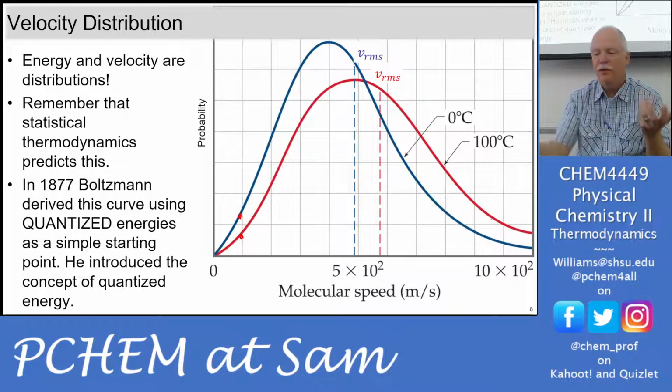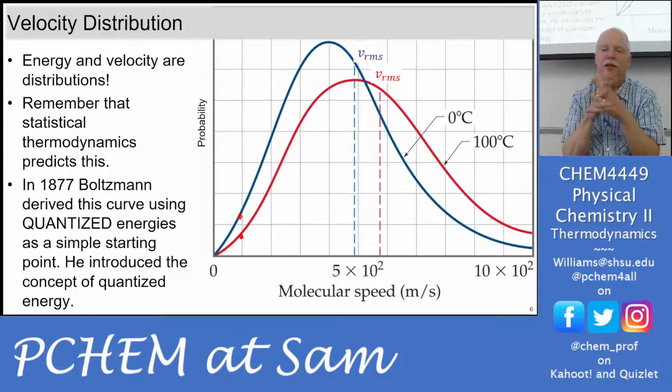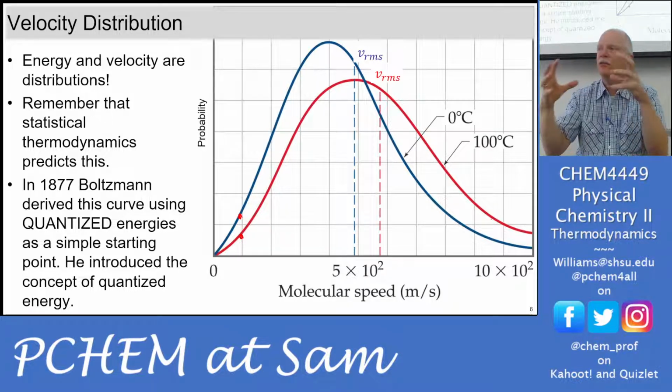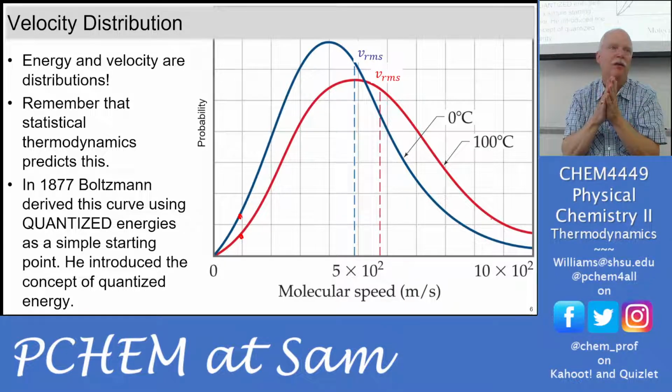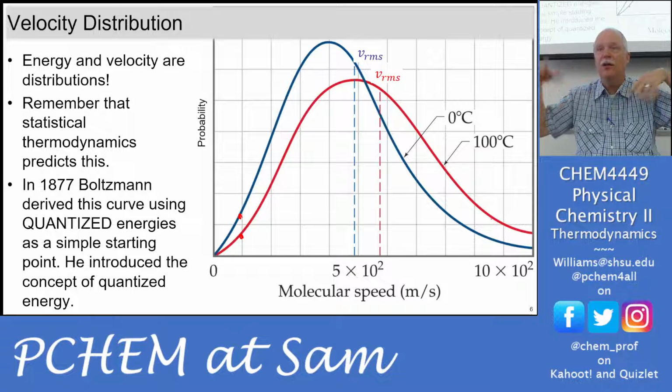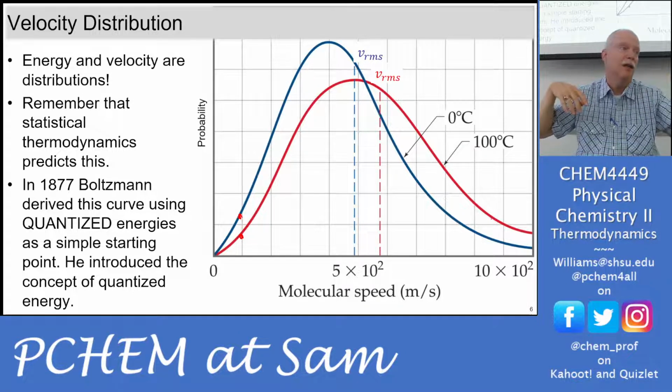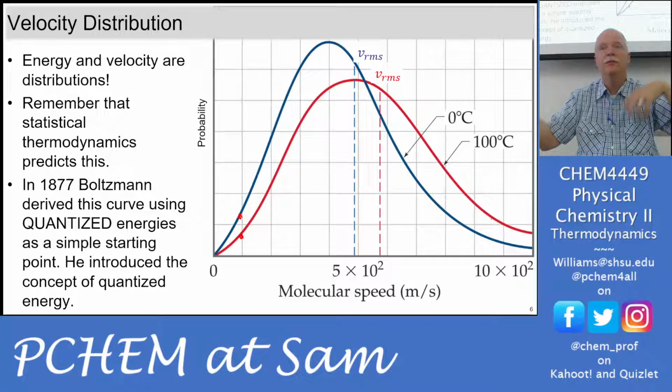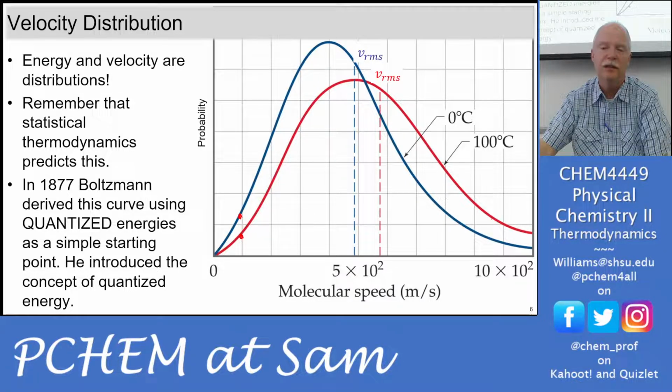So remember that even though we use that equipartition theorem for the gases, that is the average or the RMS velocity that gives us that 3/2 RT. That's the average or RMS, root mean squared velocity. That's a big distribution. You've got some particles with a lot more energy and some particles with a lot less energy, which means some have higher velocities, some have slower velocities.